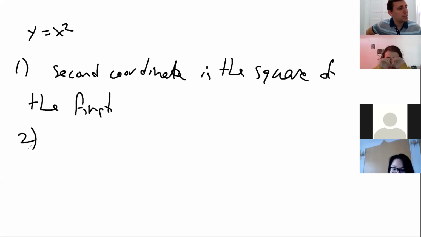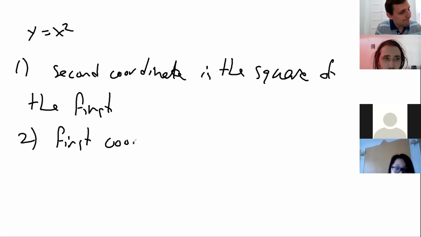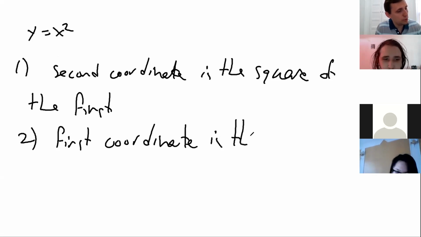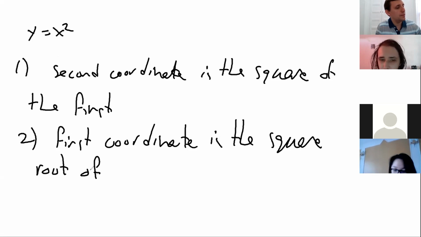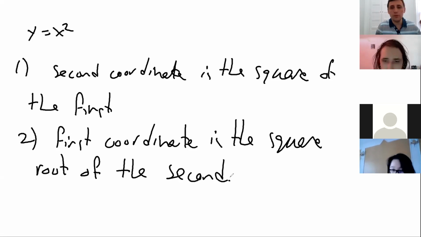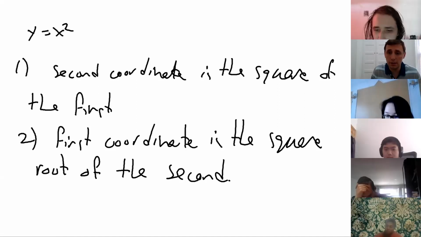And another way you can say the same exact thing, you can say the first coordinate is the square root of the second. Both sentences are saying exactly the same thing. They're just saying the same thing in different perspectives.